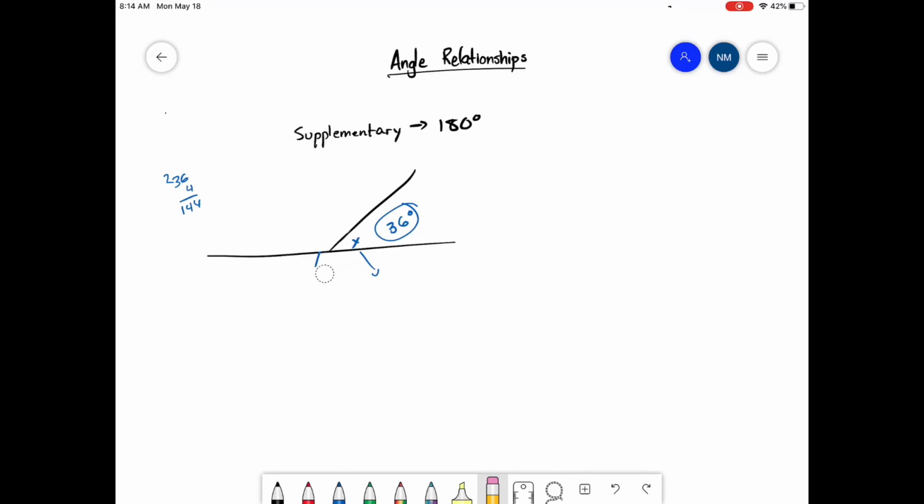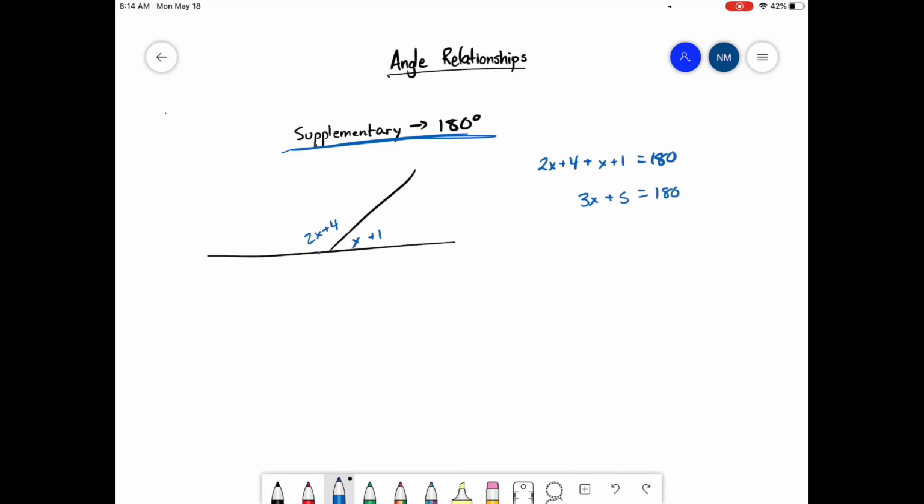So we'll say that one of them is equal to x plus 1. The other measure is 2x plus 4. Once again, we write an equation where we're adding those two things together, and we set them equal to 180 because we're dealing with supplementary angles. So we combine our like terms. 2x plus x is 3x, and 4 plus 1 is 5.